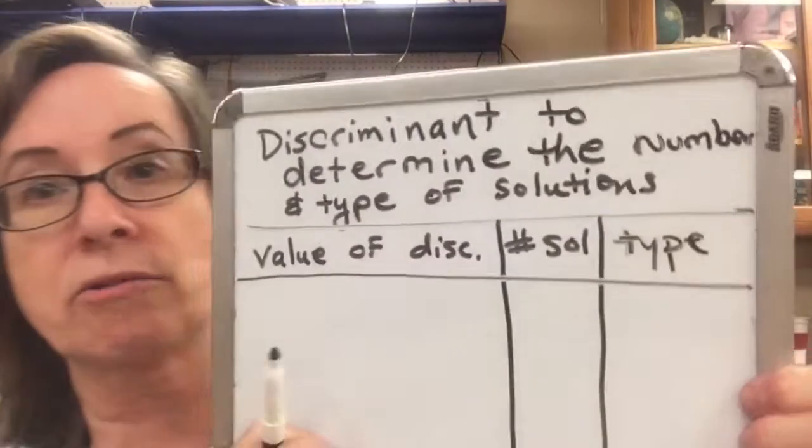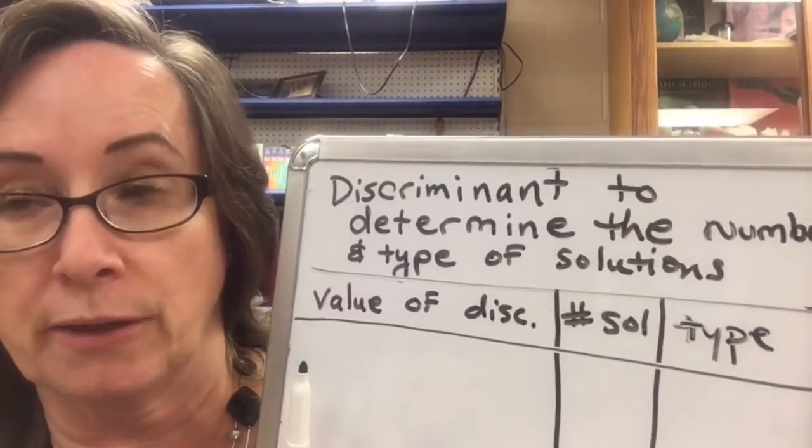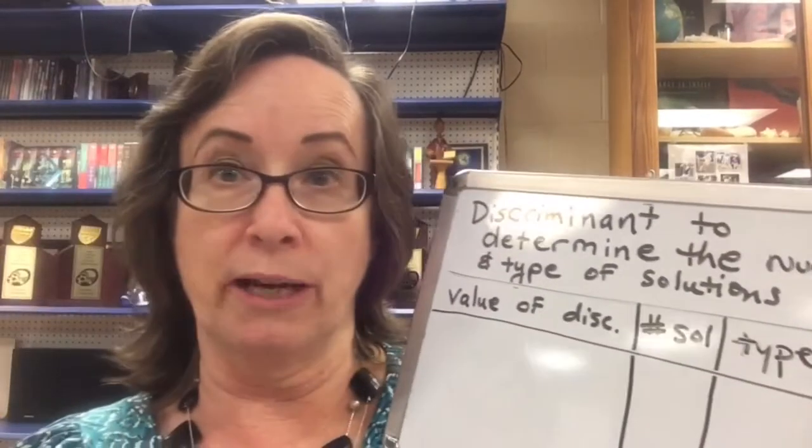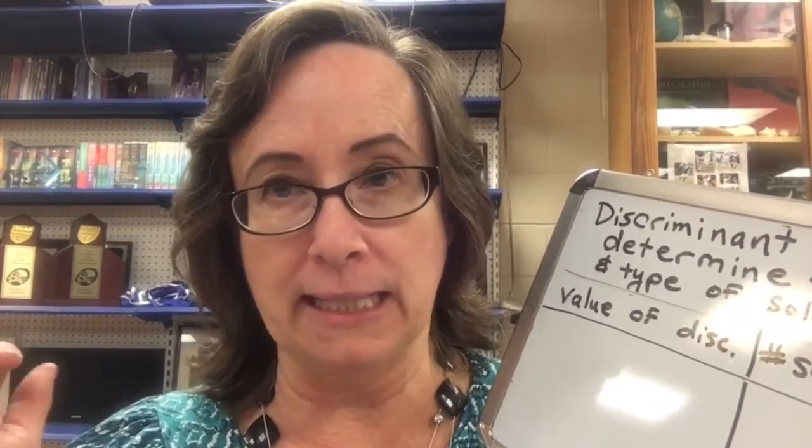We're going to use this discriminant to determine the types of solutions and the number of solutions that we're going to have. Now, I have told you that in a past life, a long time ago, I was a programmer out on the base and I programmed missiles.